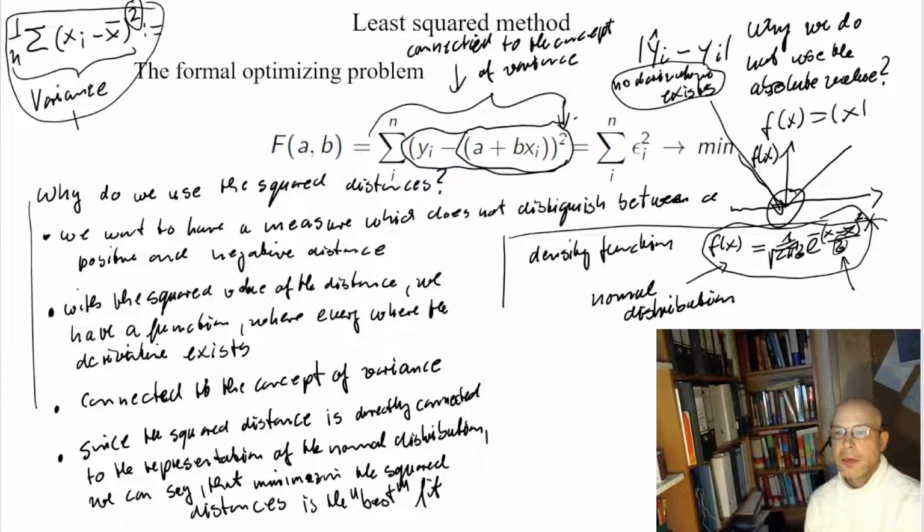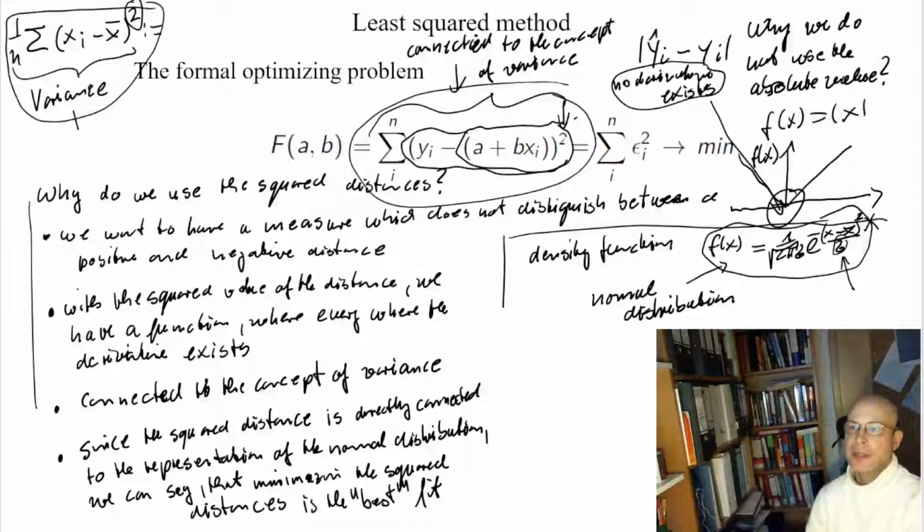Well, I think in most lectures we just say, let's minimize the squared distances, and this is linear regression. But I think we should also think about the question, why is it a good idea to use these squared distances as our optimizing function?